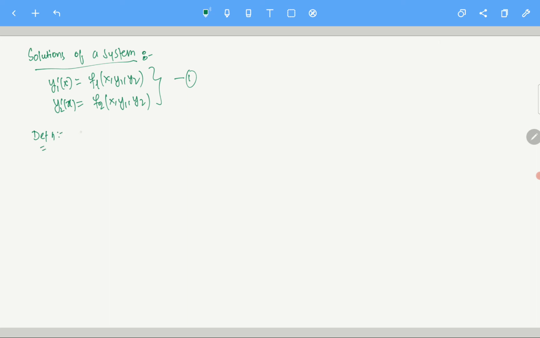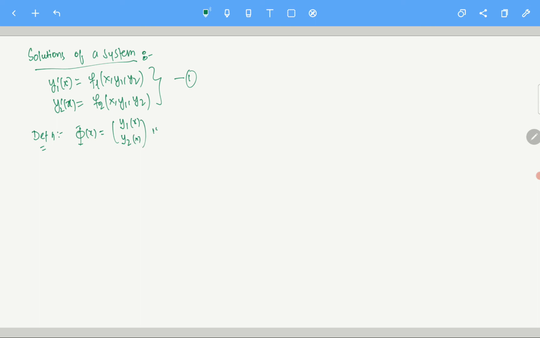Definition: capital phi is a function of x, given to be y1 and y2. Up till now I was just writing small y, but for now I will write it as a function of x.